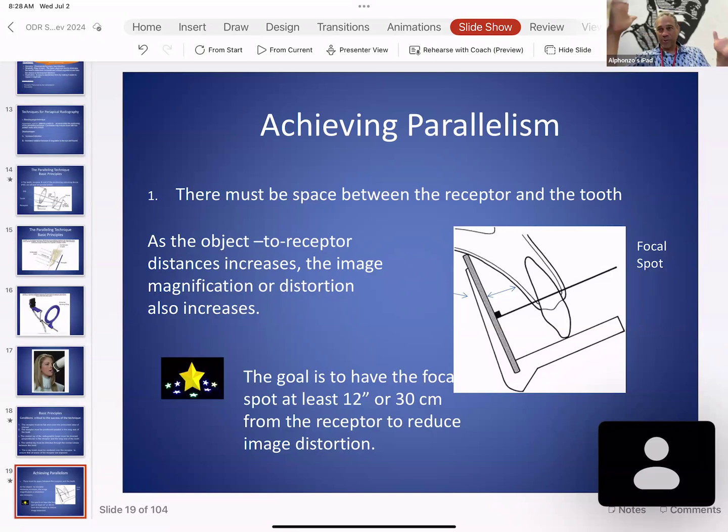So the farther the receptor is from the object we're trying to get on our image, the longer that space is, the greater the distortion will be. So the goal is to have a very small space here. All right.